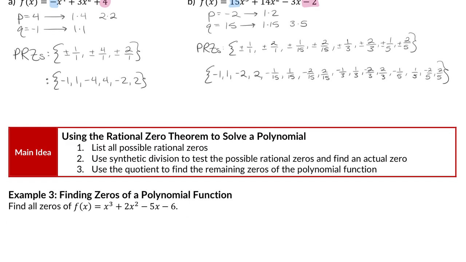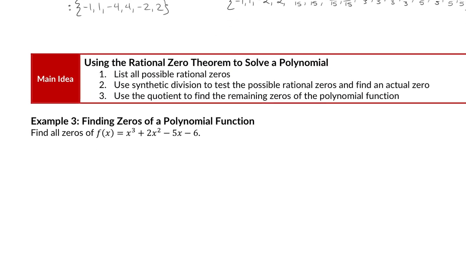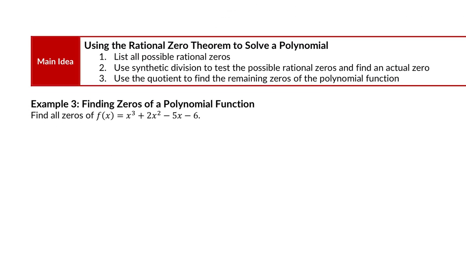So if we're using the rational zero theorem to solve a polynomial, basically we're going to turn to this theorem when it can't be factored by grouping, when there's no GCF, and we're kind of out of options at that point. So using the theorem, you're going to list off the potential rational zeros like we did up above. Remember, that is always going to be p's over q's.